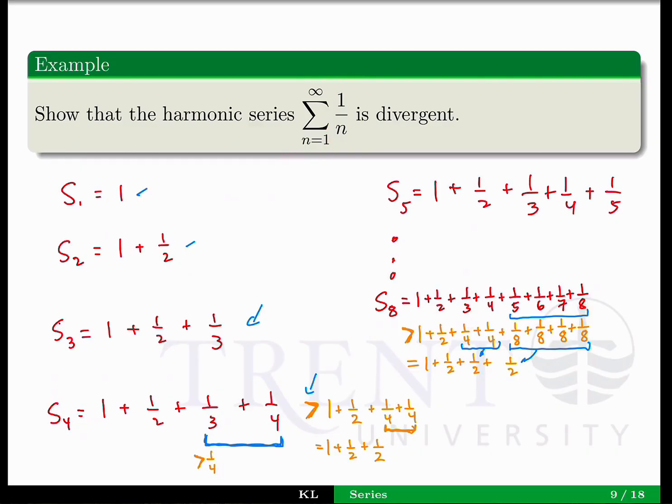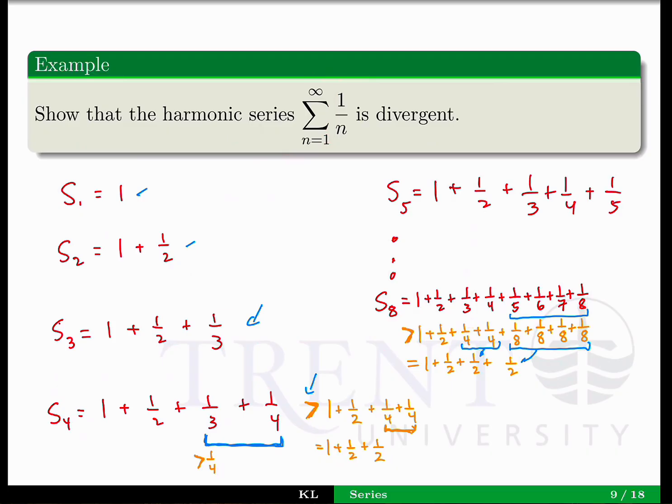You can continue with this pattern. The next S that you will consider is S sub 16. The terms next to 1 over 8, from 1 over 9 to 1 over 15, each of them is greater than 1 over 16.